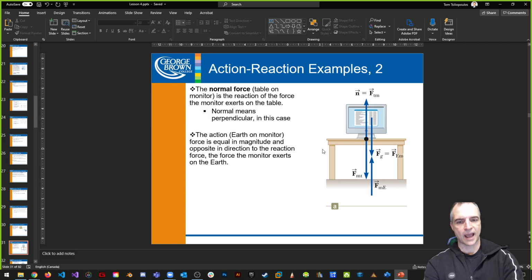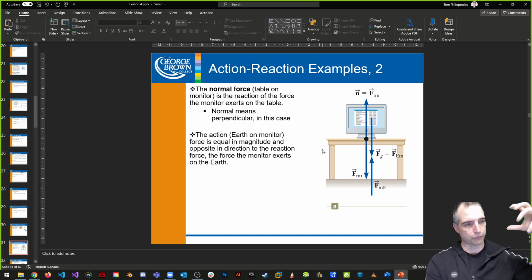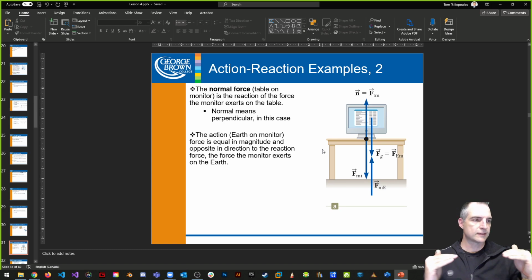What's happening with the normal force is the table is acting in the equal and opposite direction to the weight, the mass times the acceleration due to gravity, on the monitor. Because the monitor is not falling through the table, we can say that the table is counteracting the force of gravity on the monitor equally.